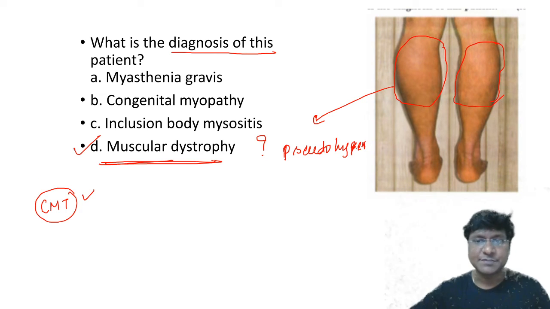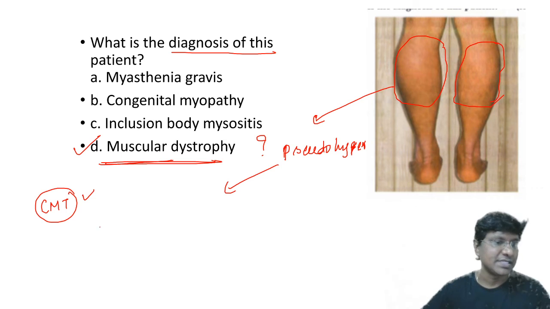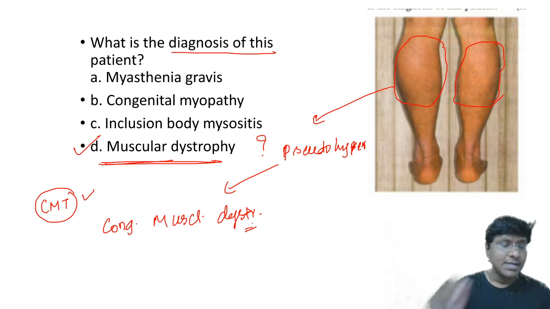Now, where do you have this pseudo hypertrophy of the calf muscles? That is seen in patients with congenital muscular dystrophy. Okay, can anyone tell me what is the most common type of congenital muscular dystrophy? Any one of you?